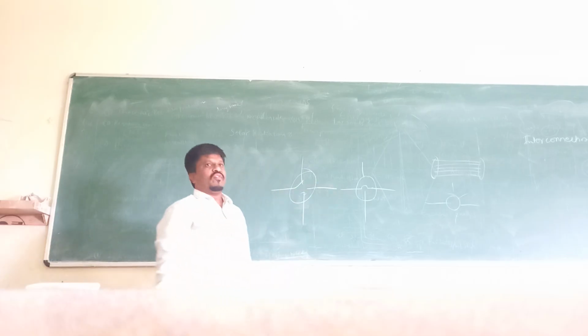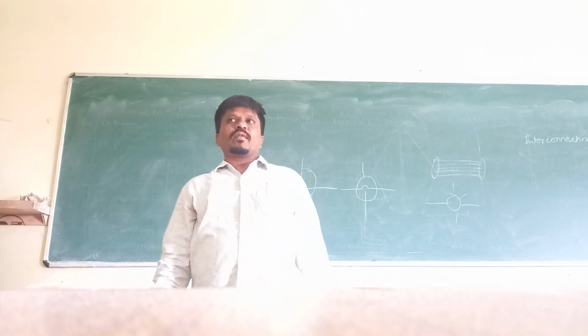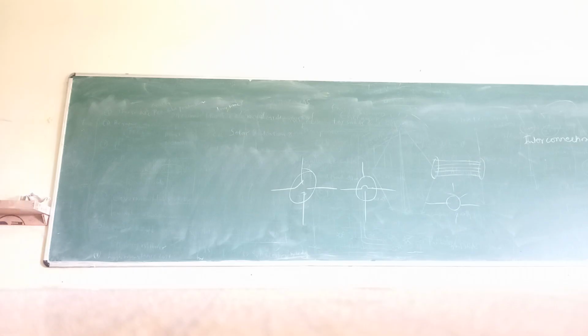These are the 2 configurations I can use for switching purposes. I will be using these 2 types of switch configurations in order to get the connection between the memory units and also the cores.